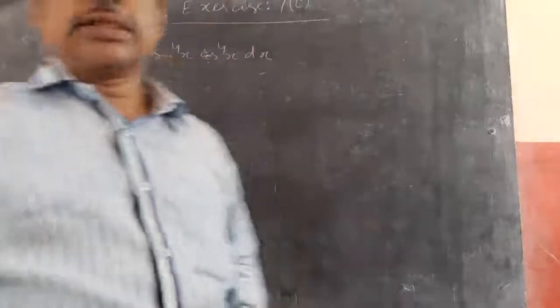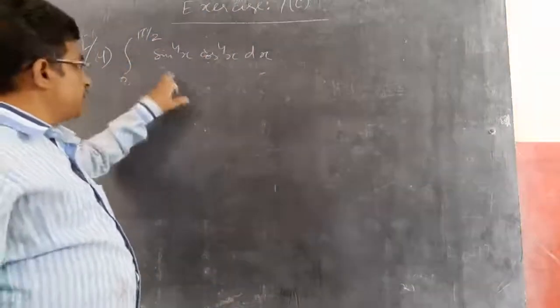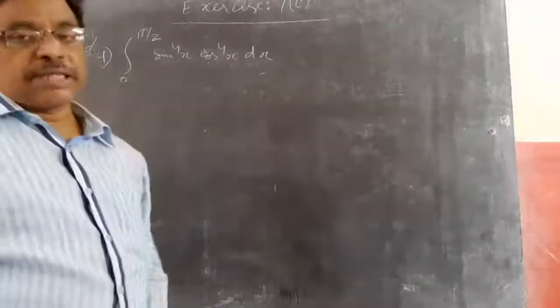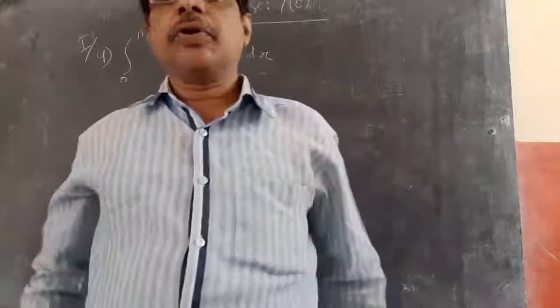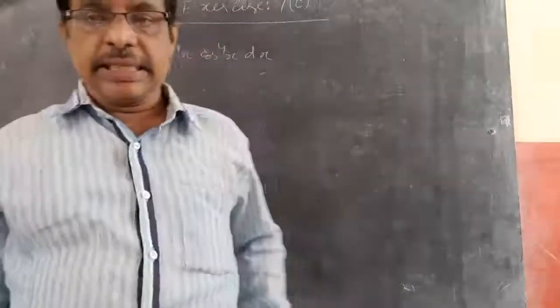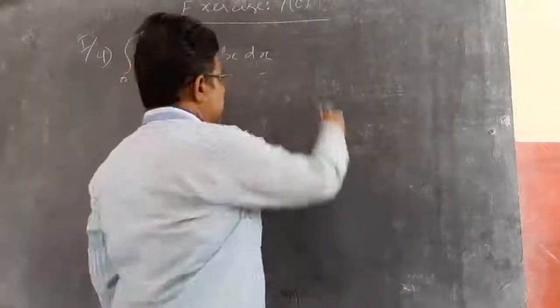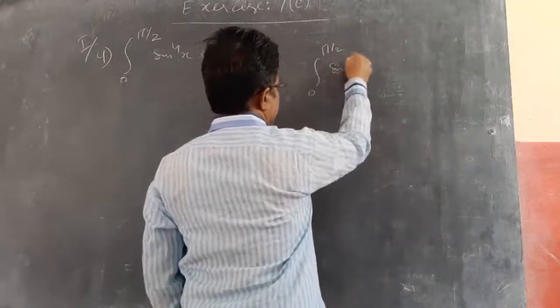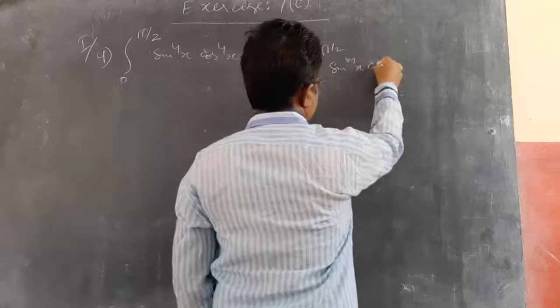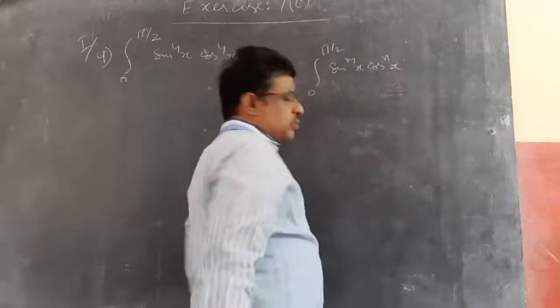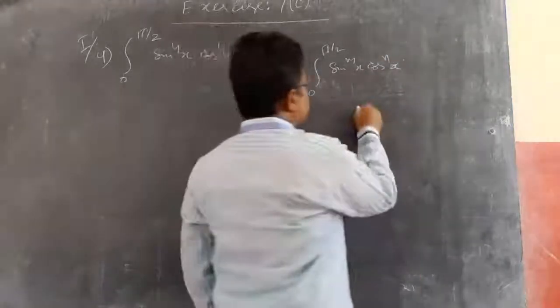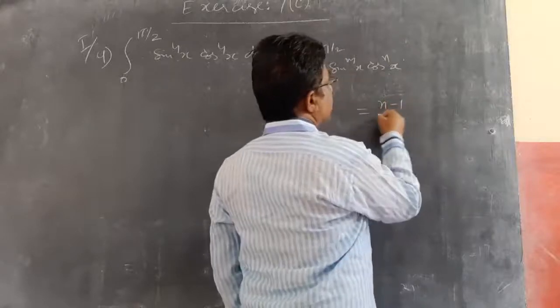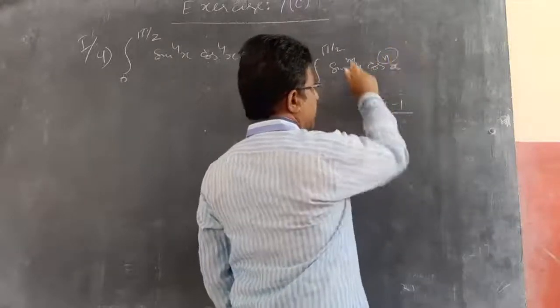Now, next sum: integral of 0 to pi by 2 sin power 4x into cos power 4x dx. Just now we discussed integral of 0 to pi by 2 sin power mx into cos power nx. So what is the formula we got? n minus 1 by the sum of the two.